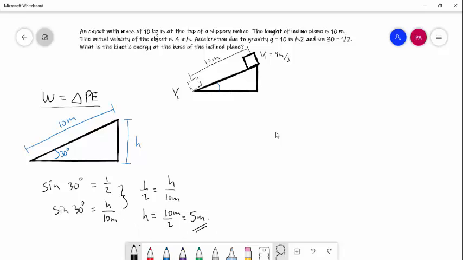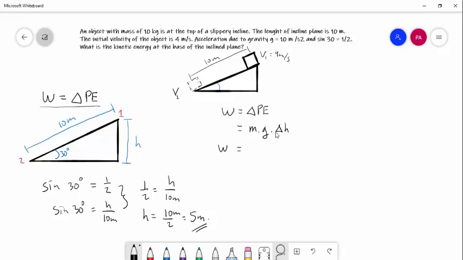When we know the height, we can put the work in here. Delta potential energy equals, we can assume this one is position 1 and this one is position 2, mass times gravity times change of height.